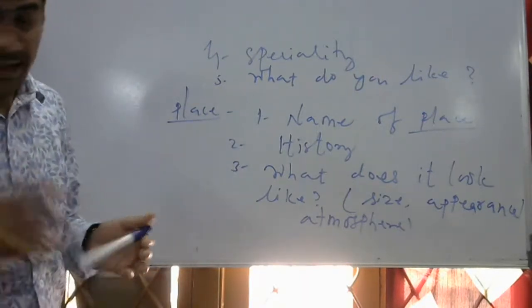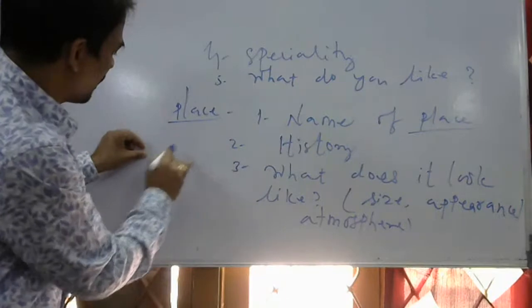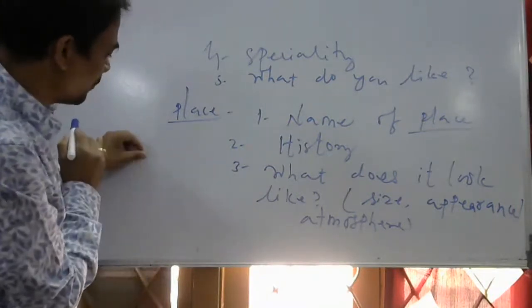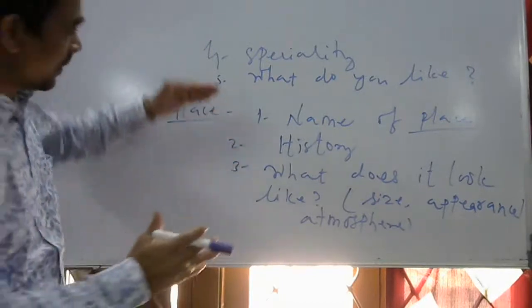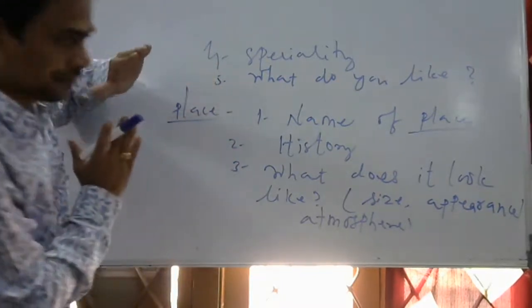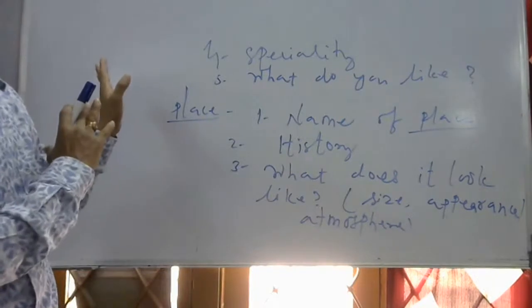I am not asking you to write one paragraph for introduction, one for detailing, one for conclusion. No, just keep it in your mind, but you make a single paragraph with all points there.